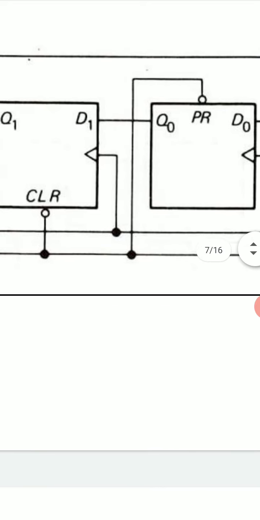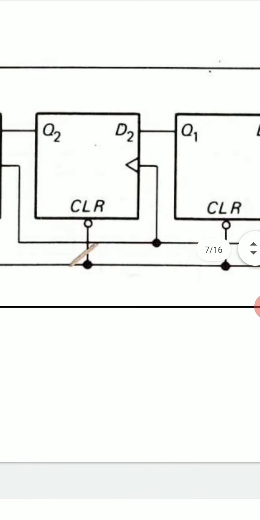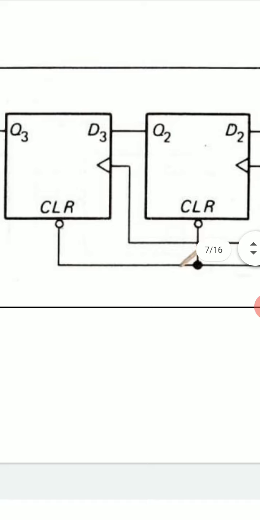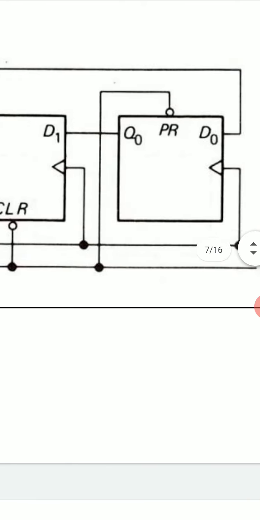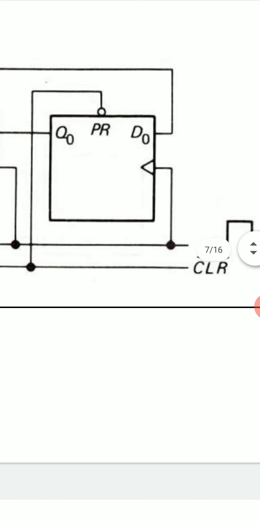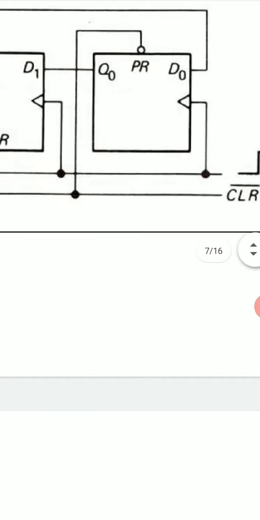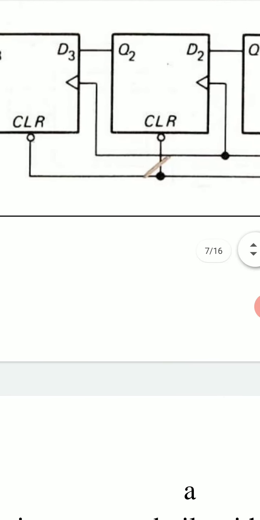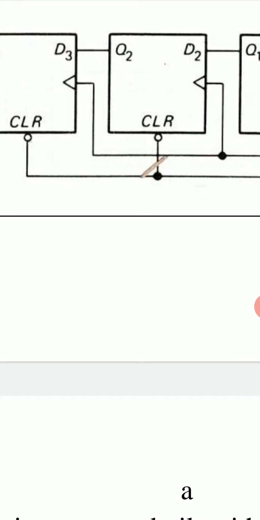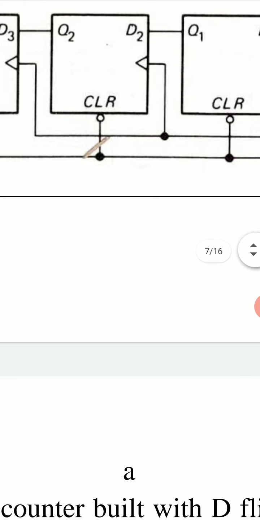This output Q0 is connected to D1, output Q1 is connected to D2, Q2 is connected to D3, and Q3 is connected to D0 in this way. And this CLR bar is connected to the other 3 edge triggered D flip-flops in this way.